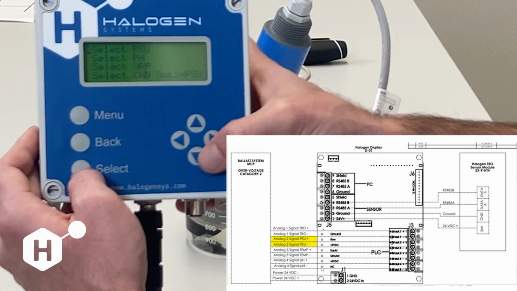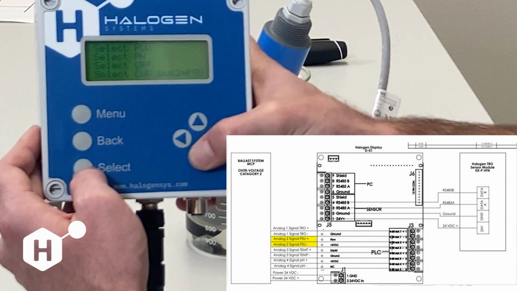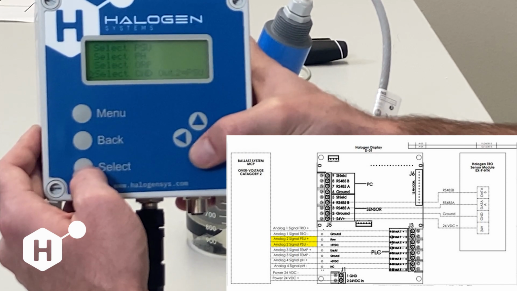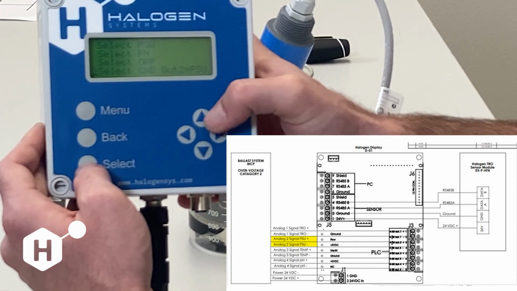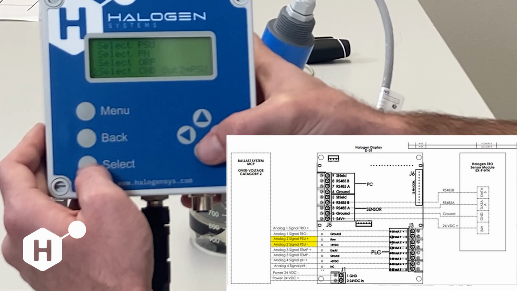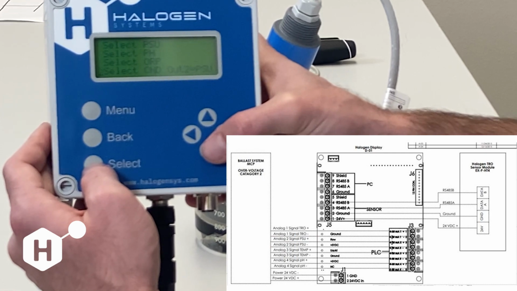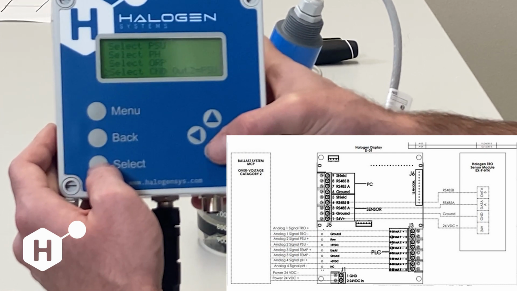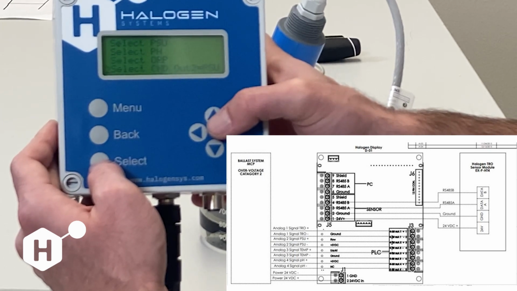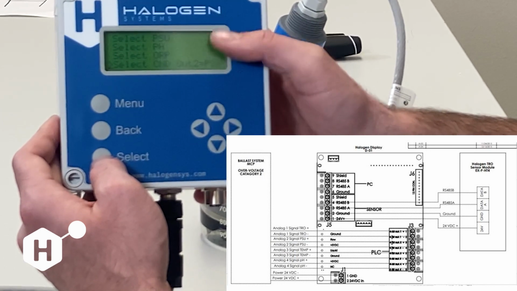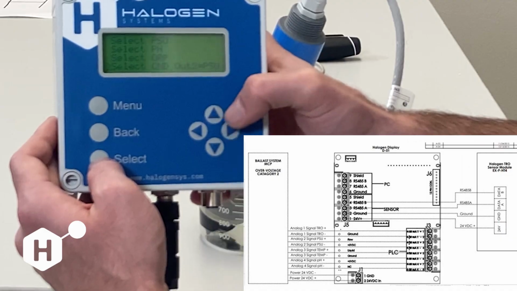By default, we are outputting PSU. If you select any one of these other measurement parameters, that will now be the output on output 2. Temperature and pH, of course, already have designated outputs on 3 and 4. But if you only want to use output 1 and output 2, you can configure output 2 to output any of these parameters but chlorine.